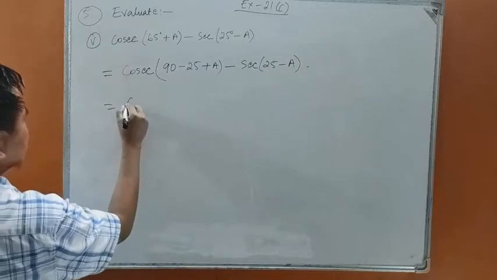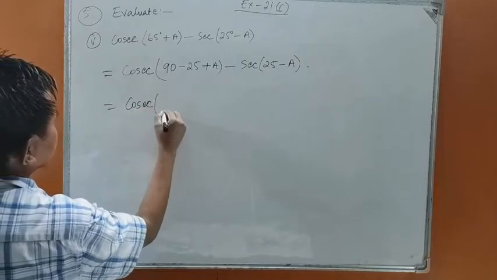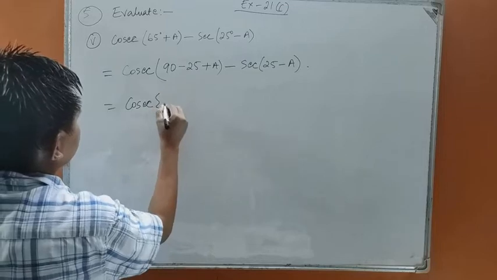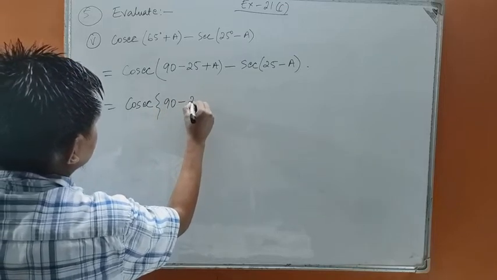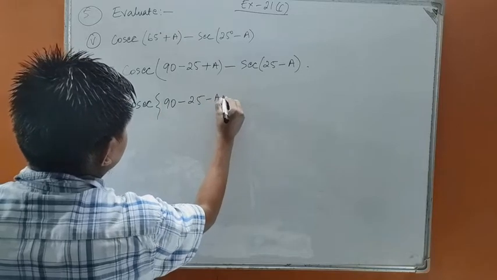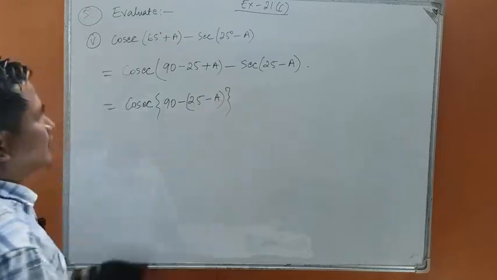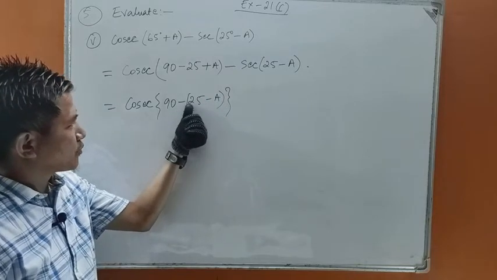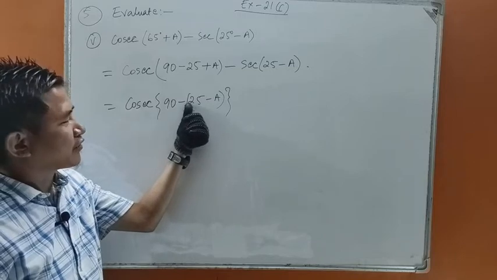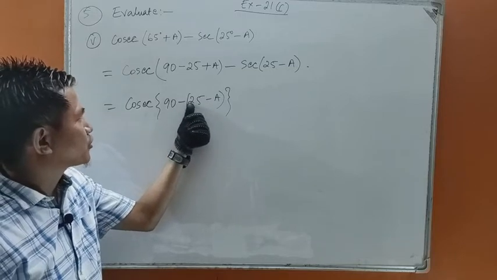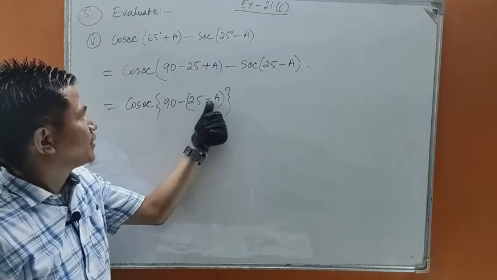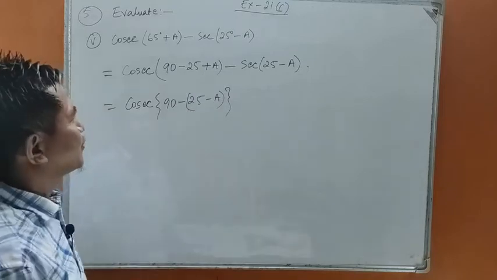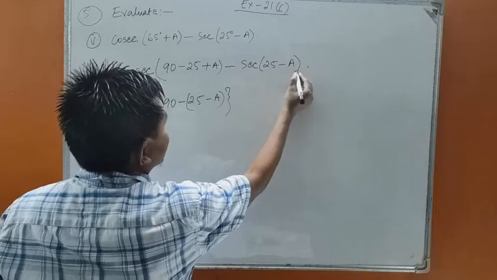So this is cosec. Now 90, let me put curly bracket. Okay, 90 minus 25 minus a whole. Now let's check. Minus into plus 25, minus into plus, just before 25 within the bracket we have plus sign, isn't it? So minus into plus 25 is minus 25, minus into minus is plus, and this is a. Okay, so what I wanted to do is I wanted to make similar to this 25 minus a.